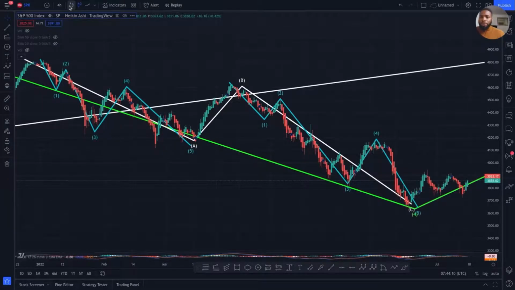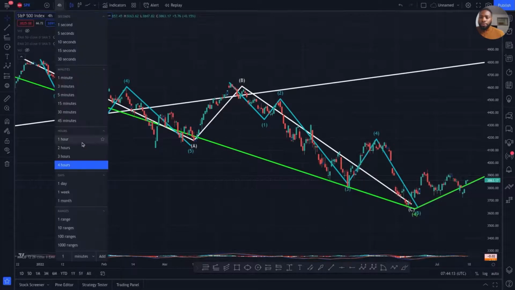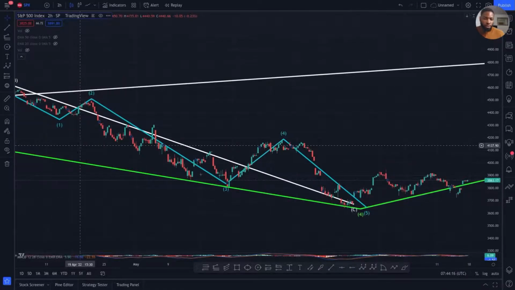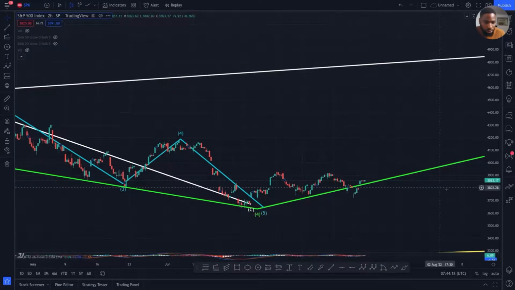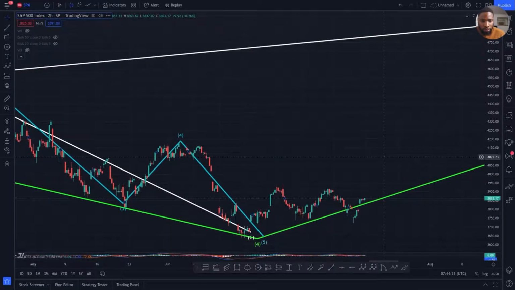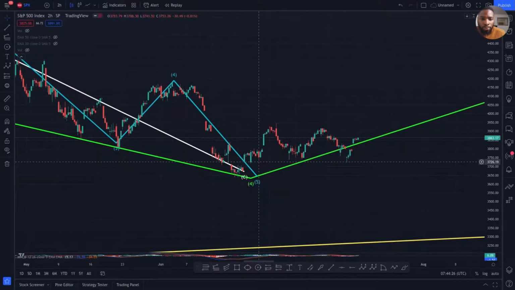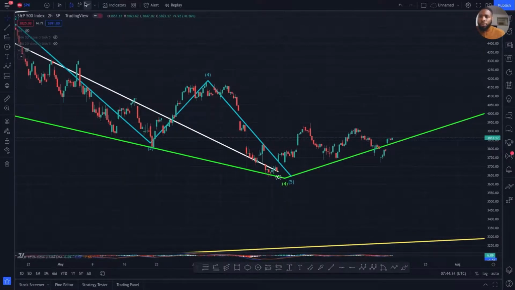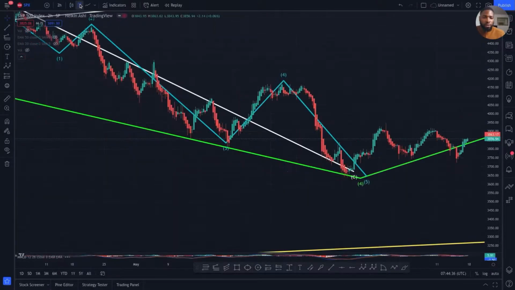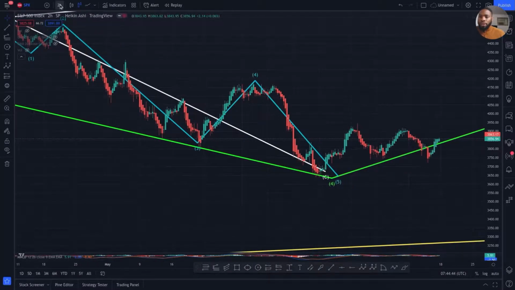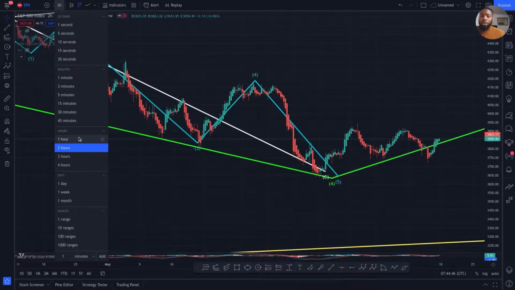I still can't see more information, so I'll go down to the 1 hour time frame to get more information. Go back to Heiken Ashi. Still can't see information, so go to a lower time frame until you can see information.